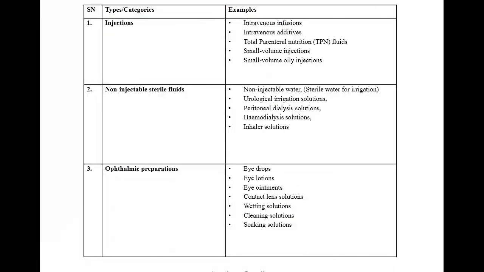Urological ina maana kama unataka unasafisha njia ya mkojo, ndio urological irrigation solutions. There are peritoneal dialysis solutions, hemodialysis solutions, and inhaler solutions, which are non-injectable sterile fluids. You are supposed to know this with the examples. Maswali yatatoka tu, lakini muhimu kujua, not only kutagi na maswali, lakini inatakiwa uelewe. Elewa sana, kidogo utakuwa mzuri.